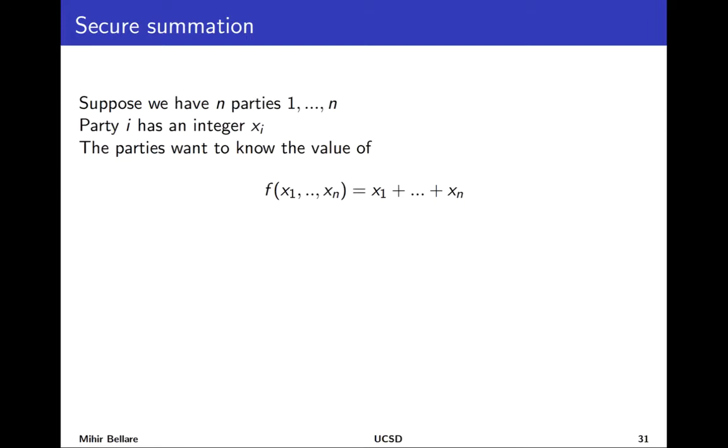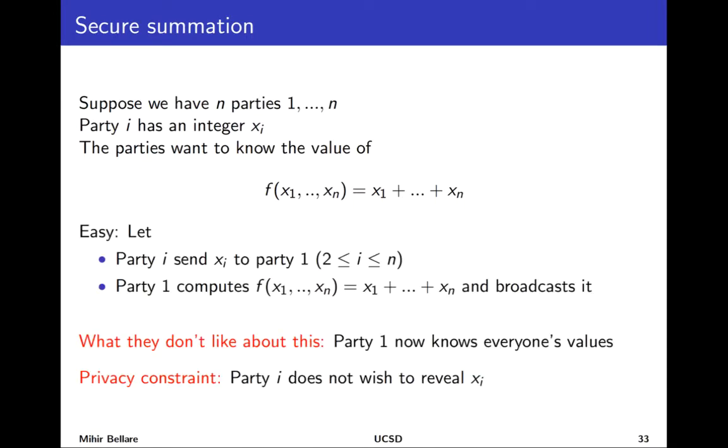Well, assume the parties are not co-located, and maybe you elect some leader, say party 1, and everybody sends their number to party 1. That party adds them all up and tells everyone else what the result is. The difficulty is that we want to do this also in a privacy preserving way.